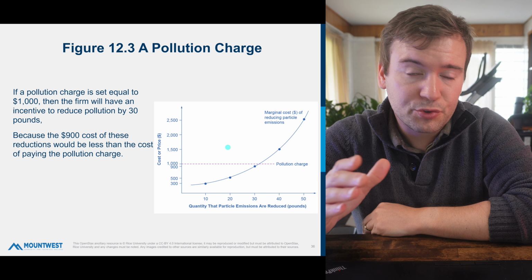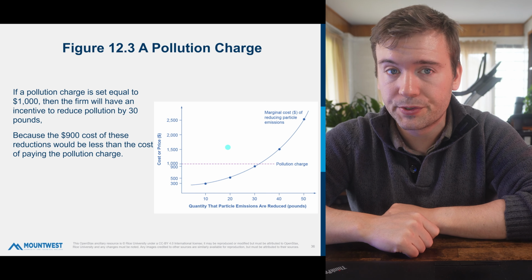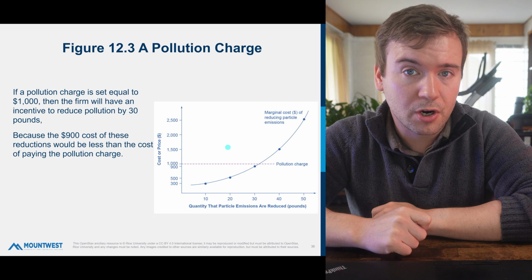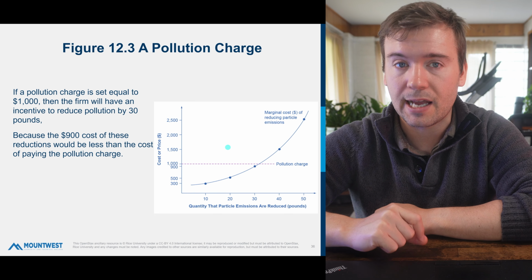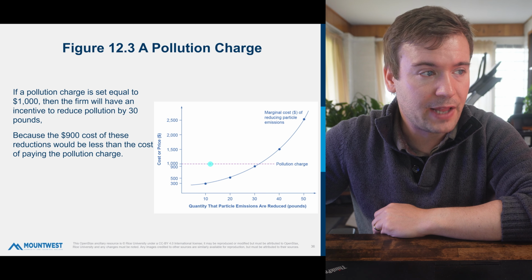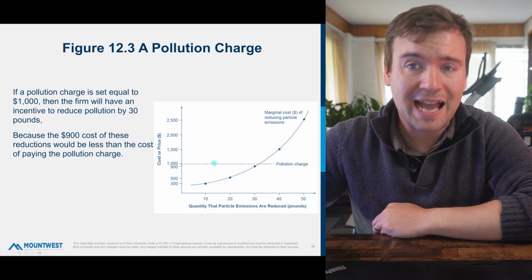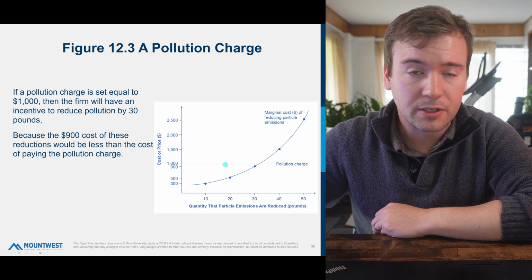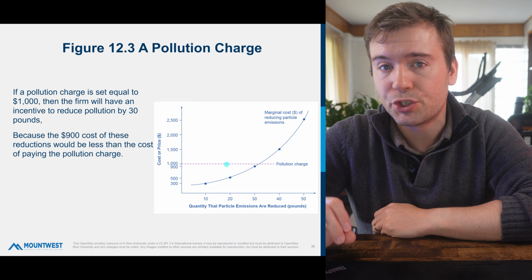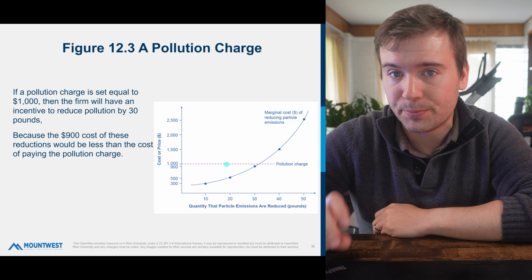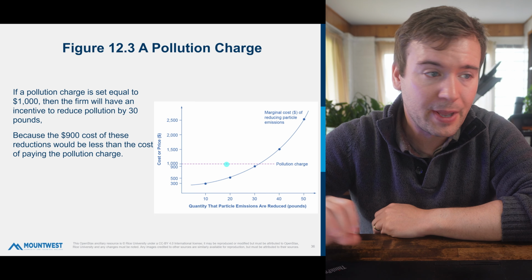All right, so let's visualize how a pollution charge works. Imagine a scenario where a pollution charge is set at $1,000 per unit of pollution. That is the tax. And you can see here it is a flat line because it is just a flat $1,000 per unit produced. Now, in this case, a firm is going to have a strong incentive to reduce its pollution here by 30 pounds.